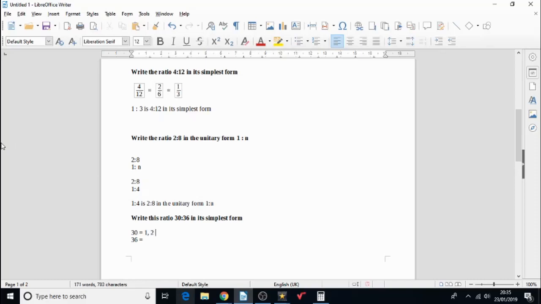The factors of 30 are 1, 2, 3, 5, 6, 10, 15 and 30.